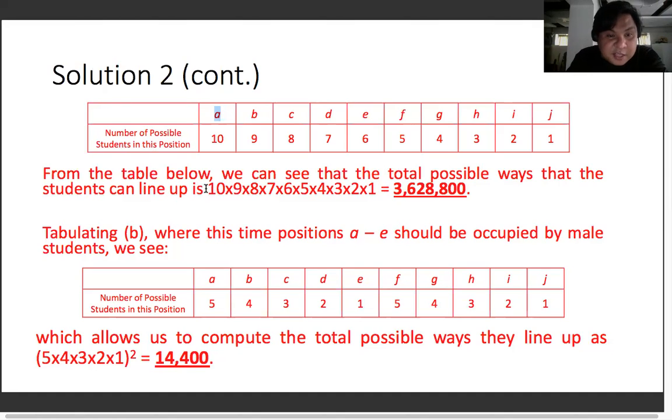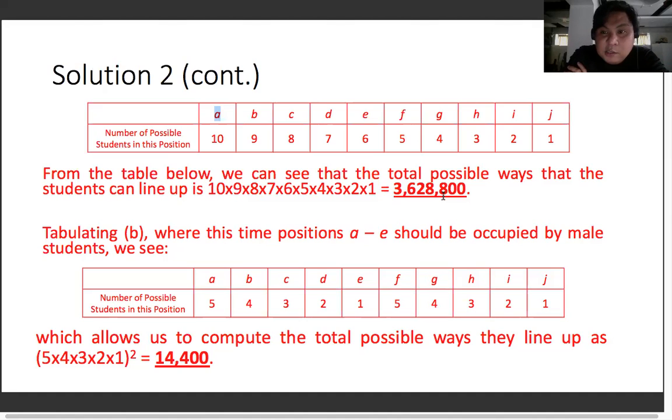We have 10 times 9 times 8 times 7 times 6 times 5 times 4 all the way to times 1. If we multiply all 10 numbers here, we get 3,628,800. So that's how many possible arrangements in a line we have for these 10 students, which are made up of 5 males and 5 females.